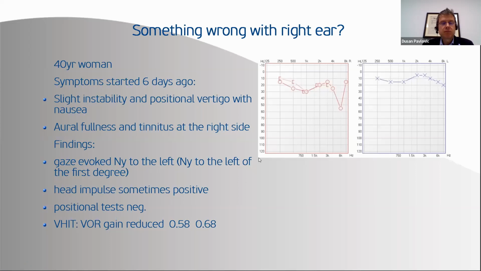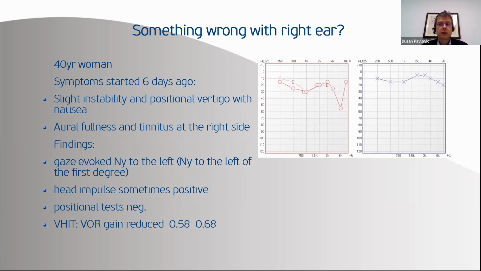Here we have a woman, 40 years old. Her symptoms started recently, 6 days ago. She complains about slight instability, some positional vertigo with nausea, aural fullness, and tinnitus at the right side. And we have a slight gaze-evoked nystagmus to the left.